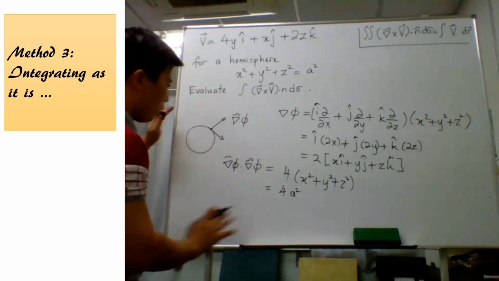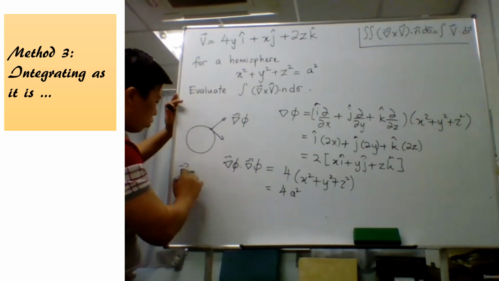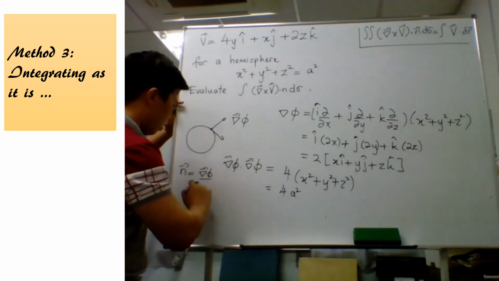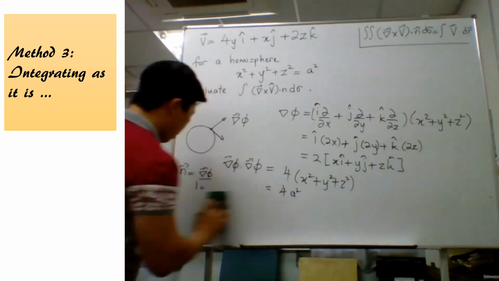So n is going to be equal to the gradient of phi divided by the magnitude of the gradient of phi.